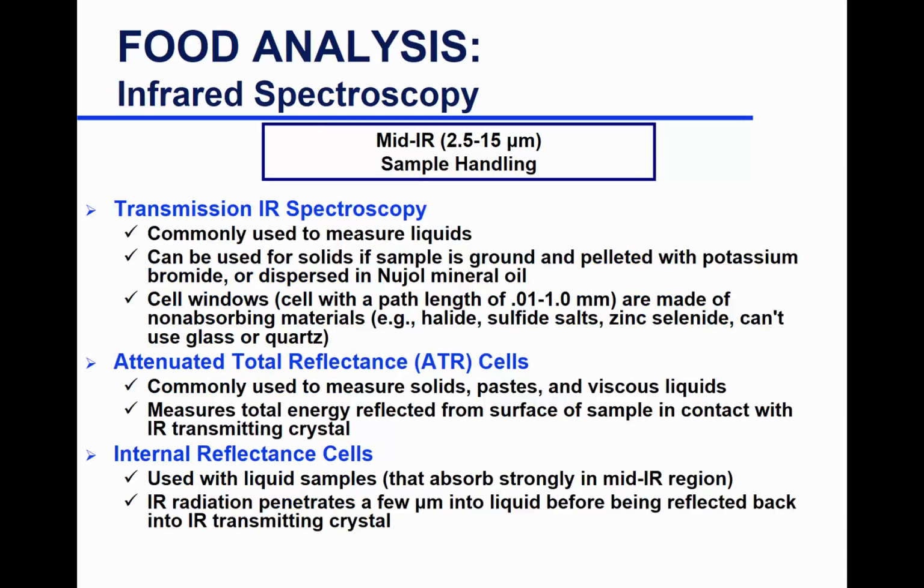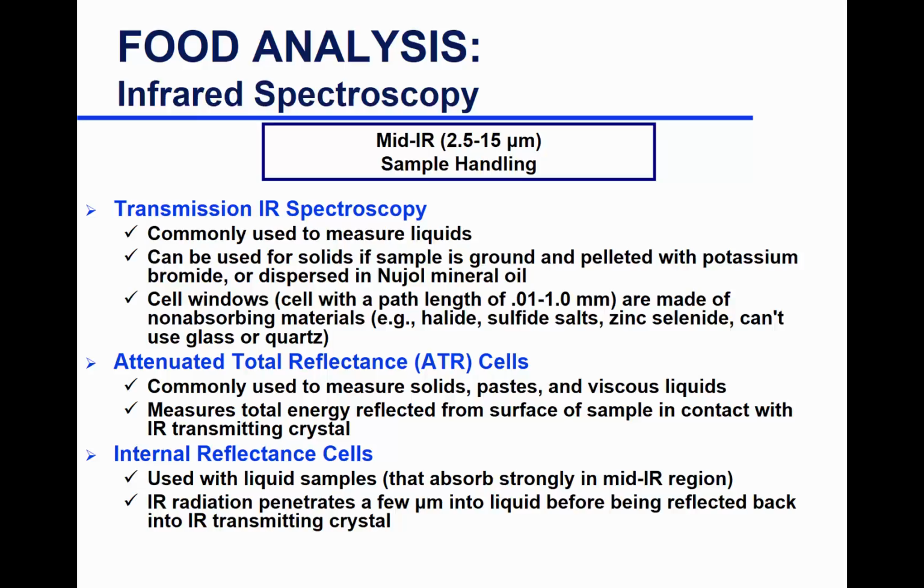So you have transmission IR, and attenuated total, or internal, reflectance IR. The transmission is similar to your UV absorption: you have a sample, mostly liquid, unless it is solid that is ground with potassium bromide and dispersed with Nujol, mineral oil.